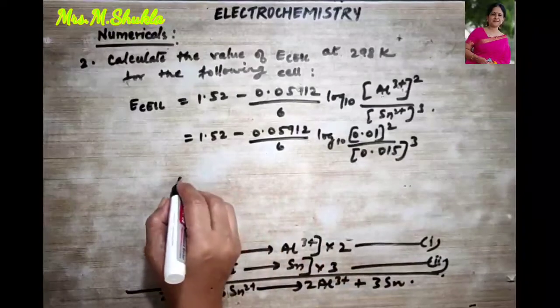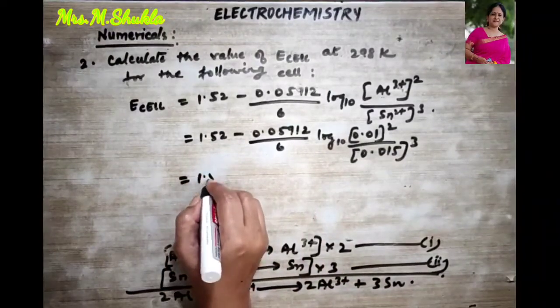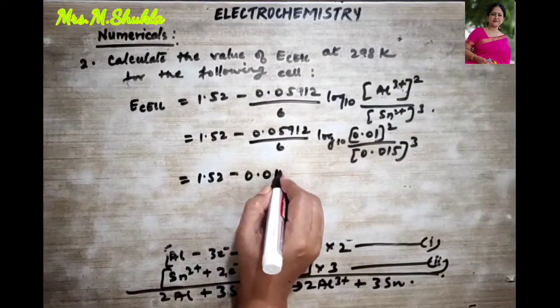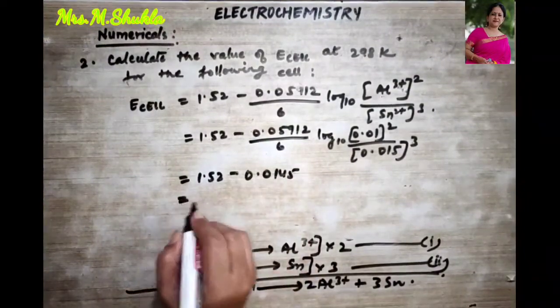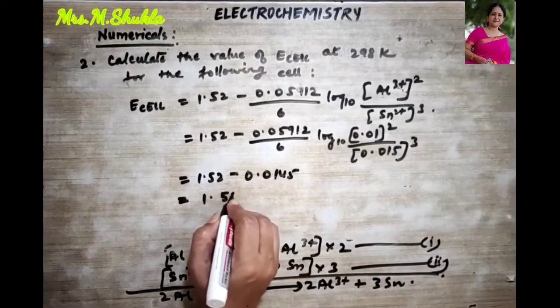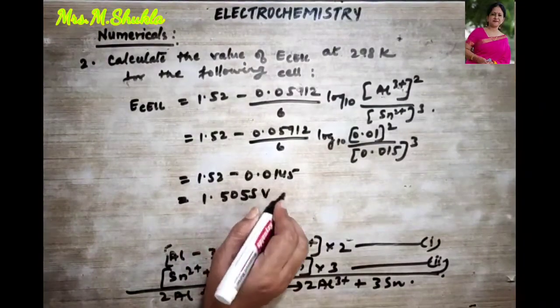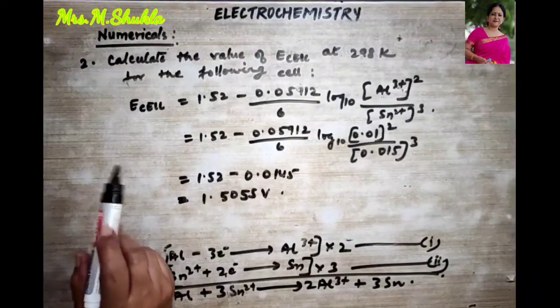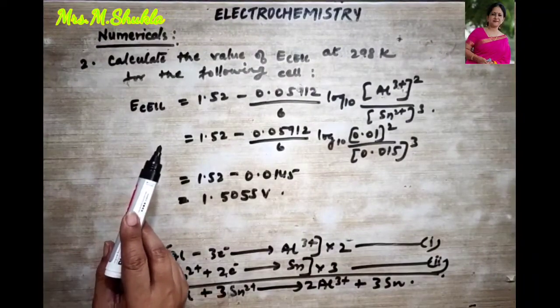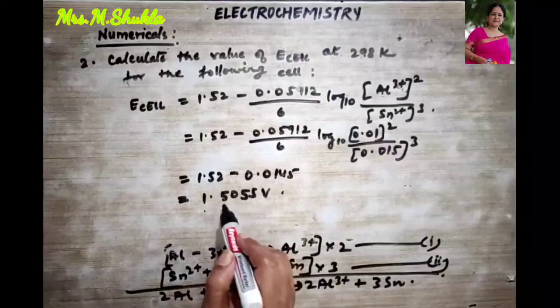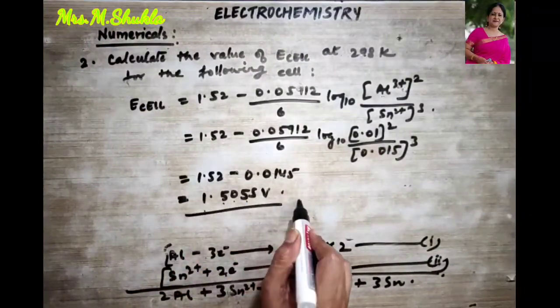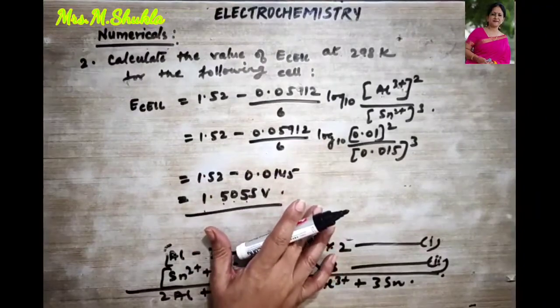When you solve this, it becomes 1.52 minus 0.0145, which gives us 1.5055 volts. So over here the value of the electrode potential is 1.5055 volts.